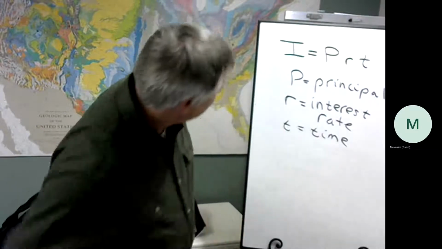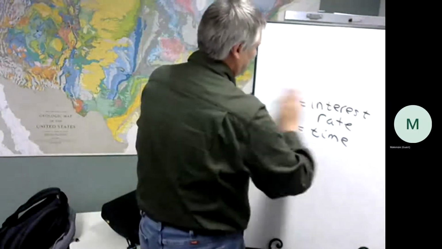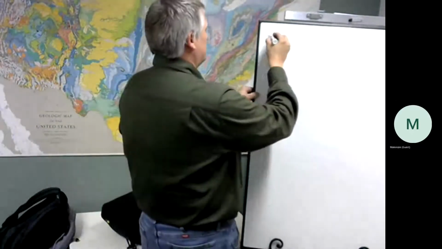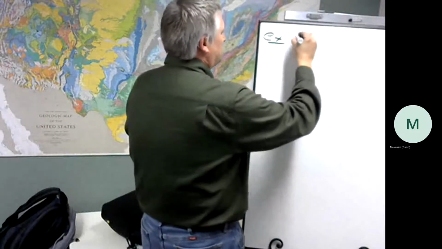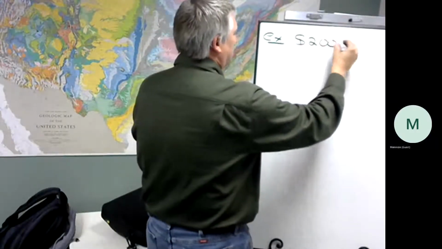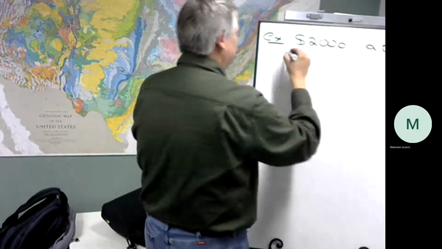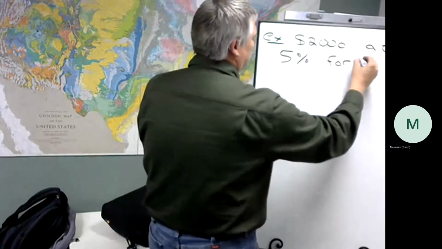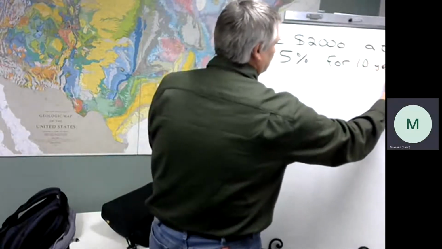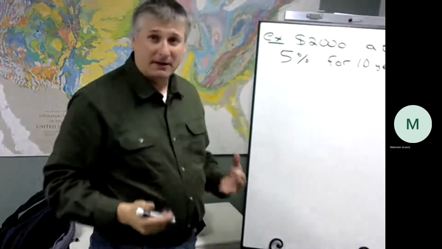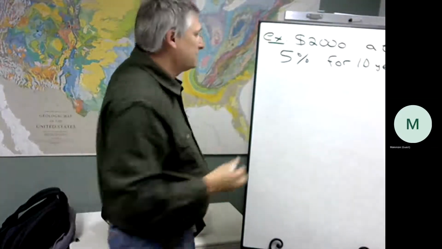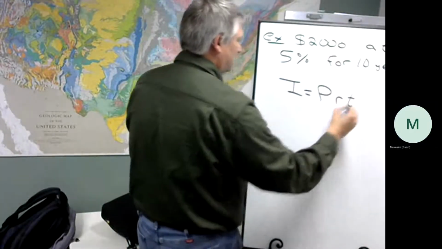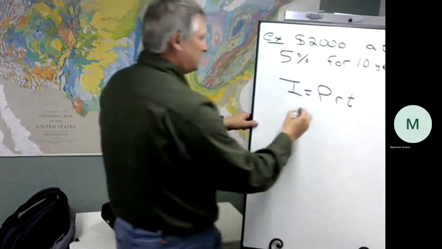For example, let's say you borrow $2,000 at 5% interest for 10 years, and we're asked to find the interest. So the interest is PRT. Now P is going to be 2,000.